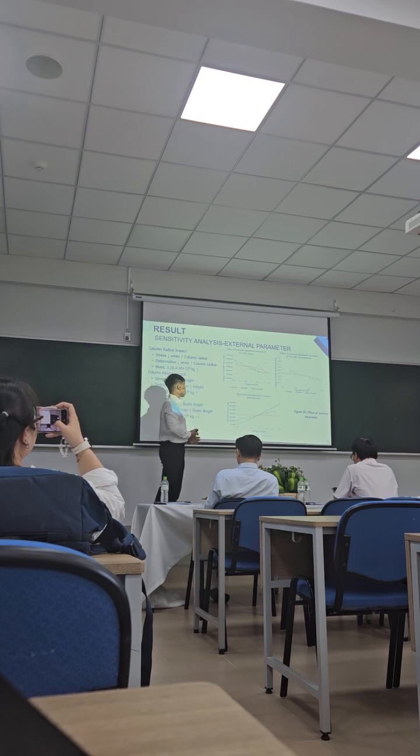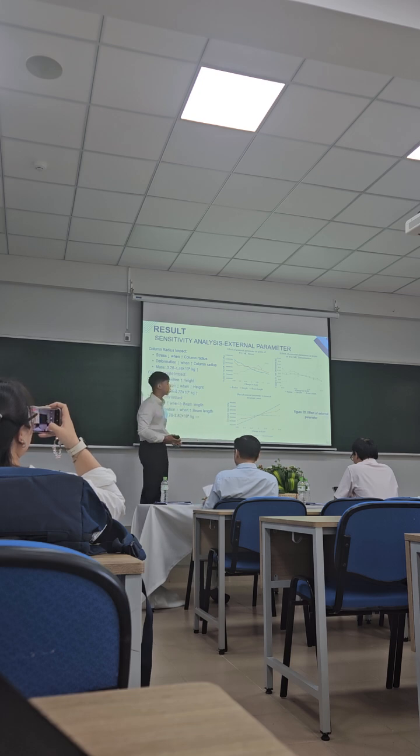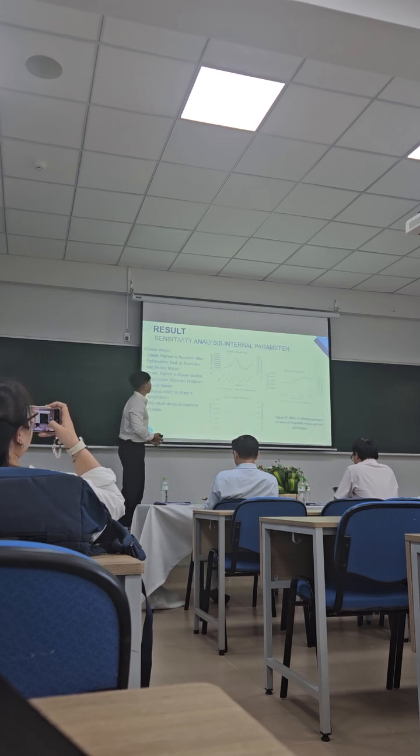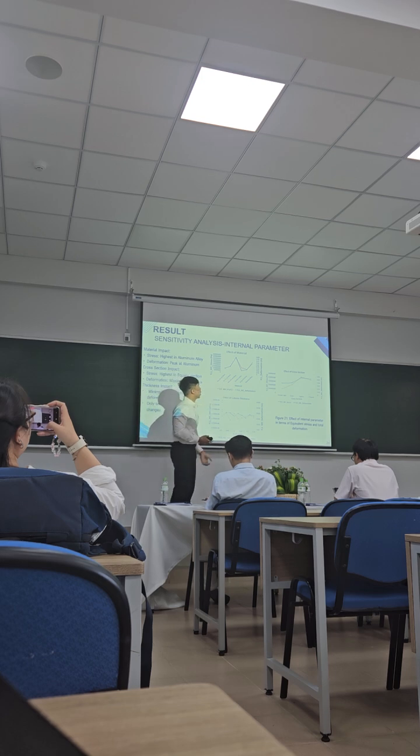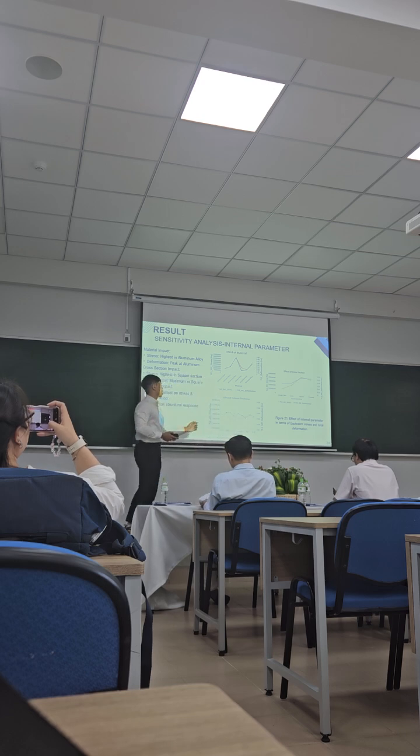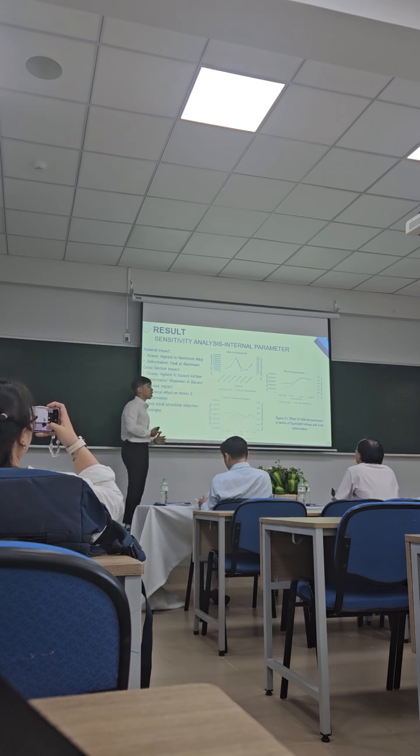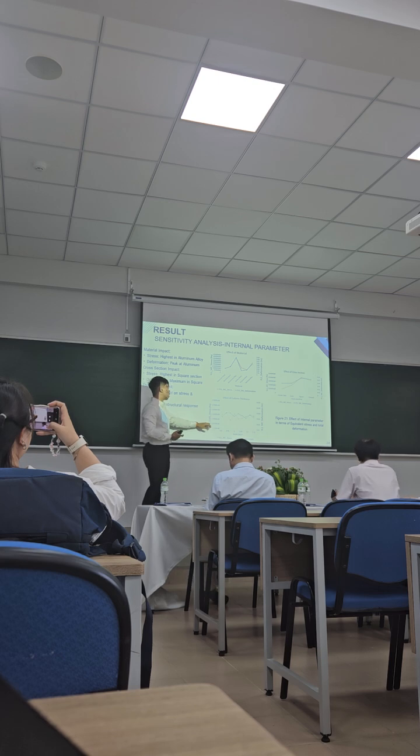For the structural mass, all three external parameters have a nearly linear relation with the structural mass. For the internal parameters, we can see that with aluminum alloy, the highest stress and deformation occur, while the lowest is with carbon fiber. For the cross section, the highest stress and deformation occur at the square cross section. And you can see that the column thickness has nearly zero effect on the change of connection stress and deformation.